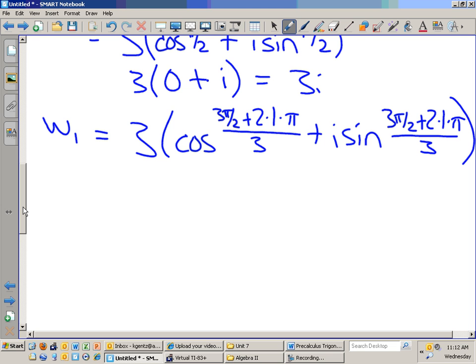Everybody ready? Watch. 3 pi over 2 plus 2 pi. 2 pi is the same as 4 pi over 2. So 3 pi over 2 plus 4 pi over 2 is 7 pi over 2. Divide by 3, multiplied by the reciprocal: 7 pi over 6.